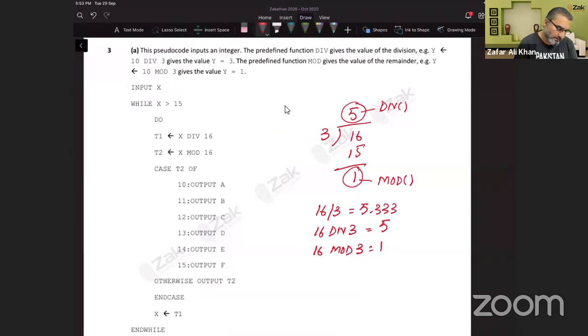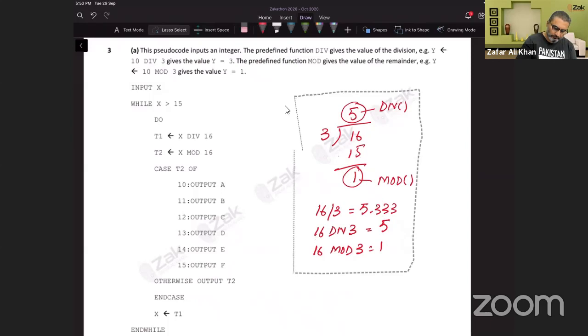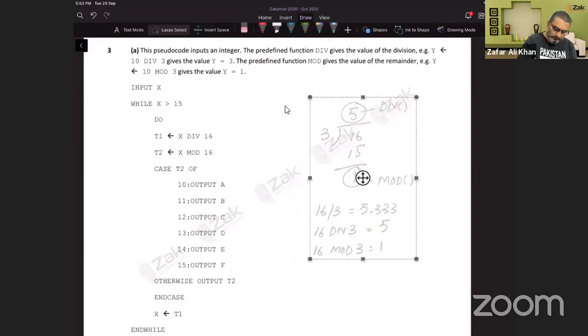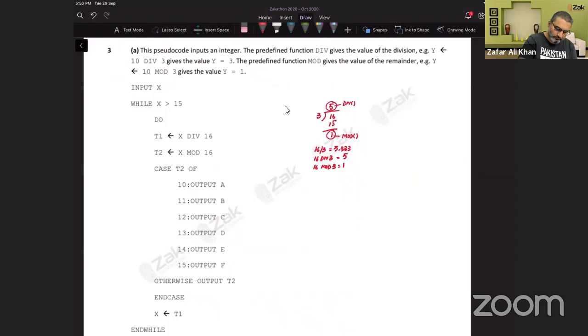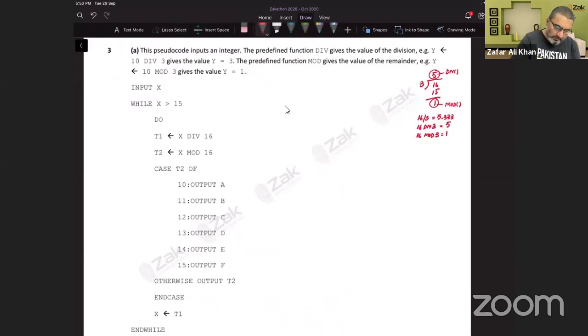Y is equal to 10 div 3 gives 3, and the predefined function mod gives the value of remainder. y is equal to 10 mod 3, that is 1. So input x, input x, what do they say?